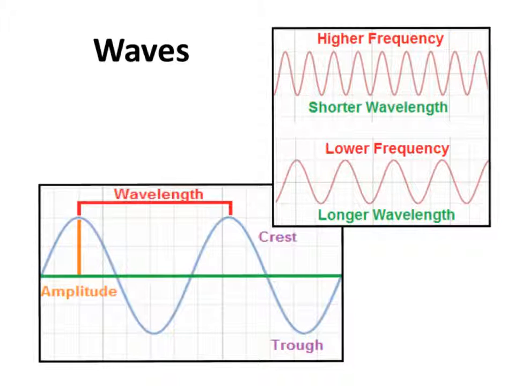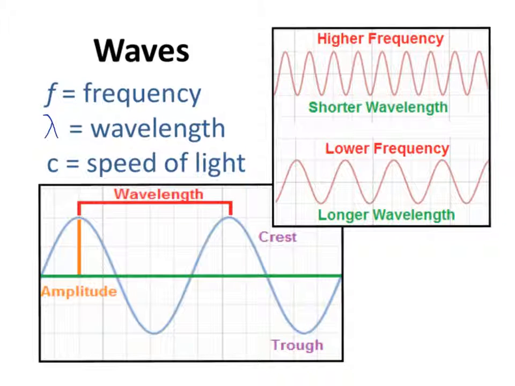So frequency is how many waves pass by a specific point, usually in a second or per some amount of time. So a high frequency wave has a much shorter wavelength. A lower frequency wave has a longer wavelength. Lower frequency waves usually have lower energy. High frequency are higher energy waves.